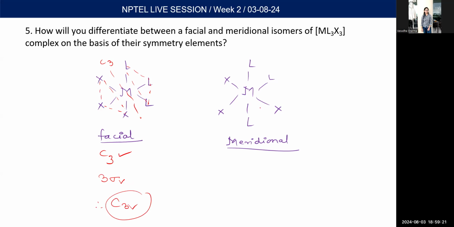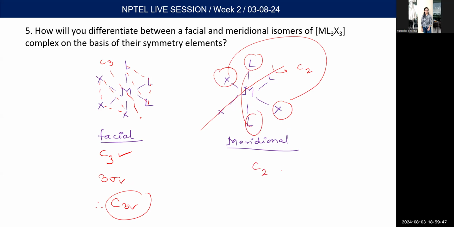Now, if you see here, there is no C3, but I have a C2 in this direction, then my X and X are reflected and L and L are there.